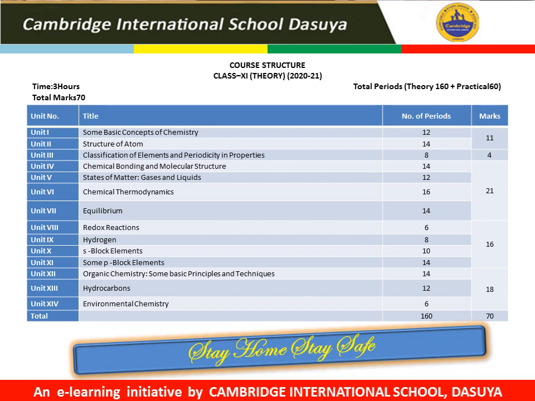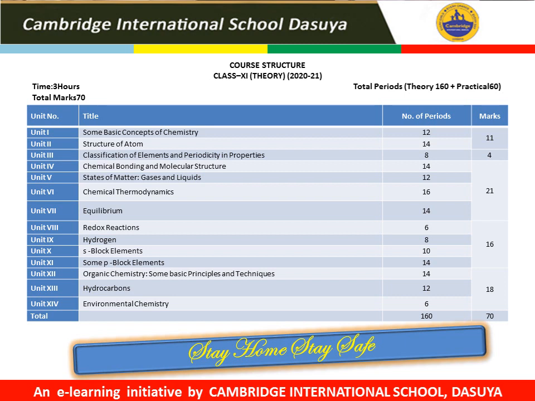Now if you see the marks here, the first two chapters, Some Basic Concepts and Structure of Atom, are of 11 marks. Classification is of 4 marks. Then you have Chemical Bonding, States of Matter, Chemical Thermodynamics, Equilibrium. Together they consist of 21 marks.